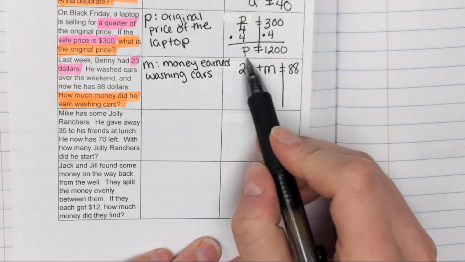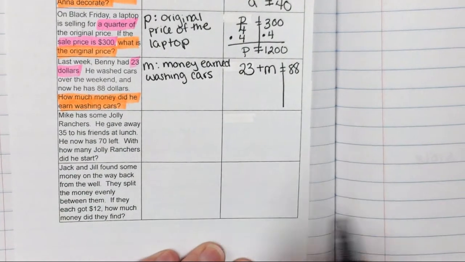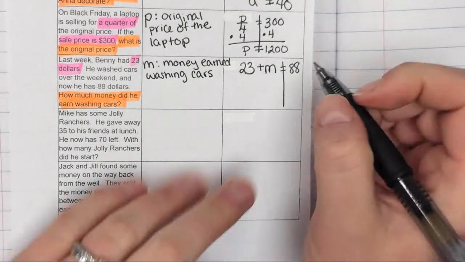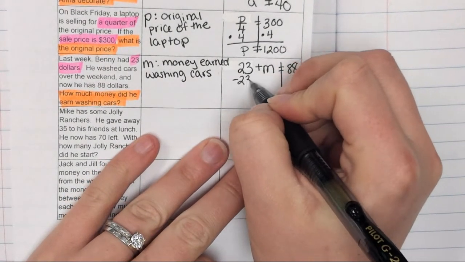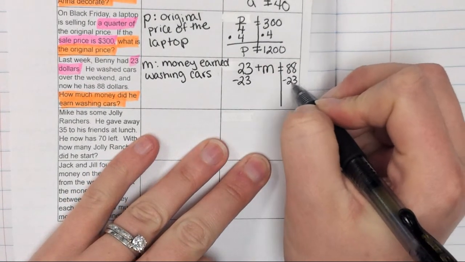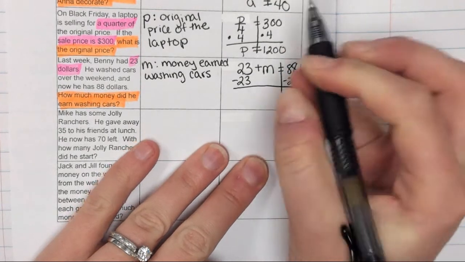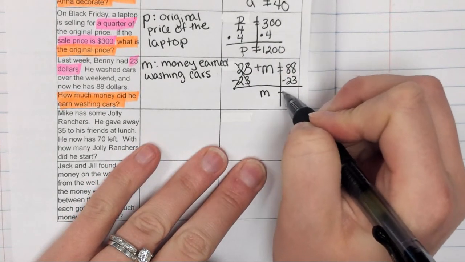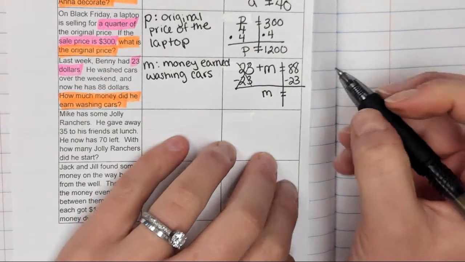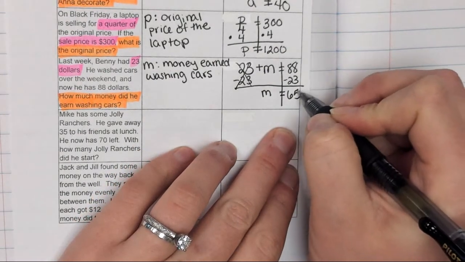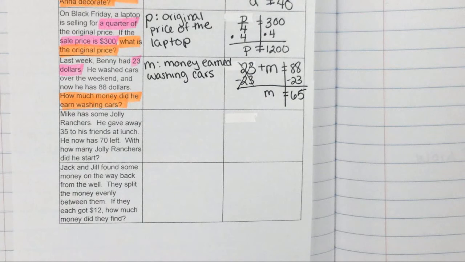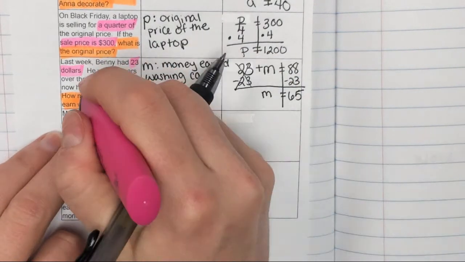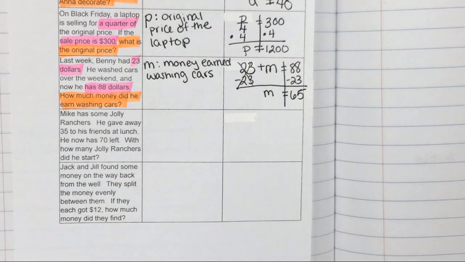My constant's first, so it's a little bit different. I see a positive 23, so I'm going to need to subtract 23 in order to clear it. Those two are going to cancel. And I'm left with M equals 88 minus 23 is 65. So Benny made $65 washing cars. I should have highlighted he has $88. That was on the right hand side of the equation.